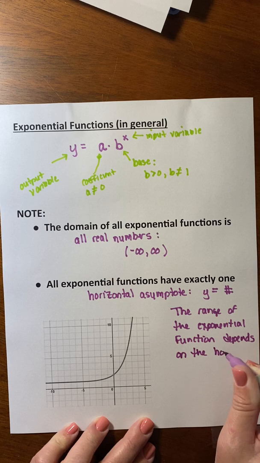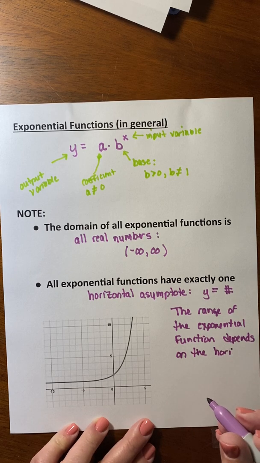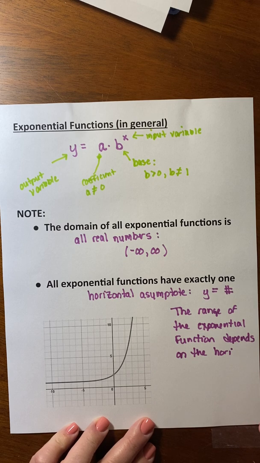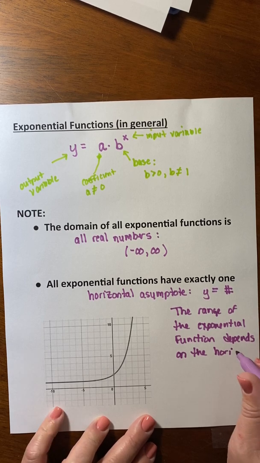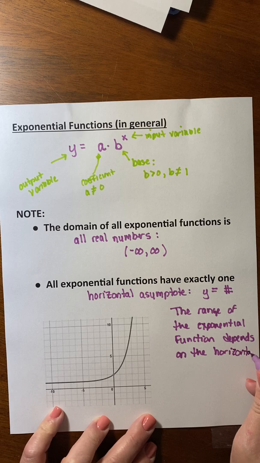If you remember back to our quadratic functions, the graph of the parabolas, the range depended on the y coordinate of the vertex. Everything fell above that or below that y value. Likewise, with exponential functions, the range is everything above the asymptote or everything below the asymptote. The range of an exponential function depends on the horizontal asymptote.